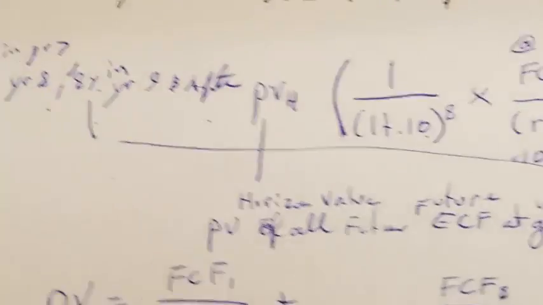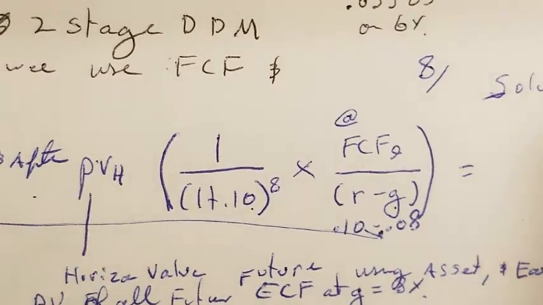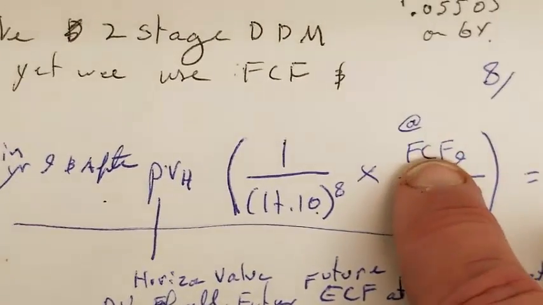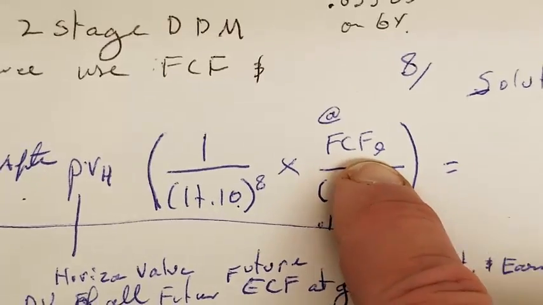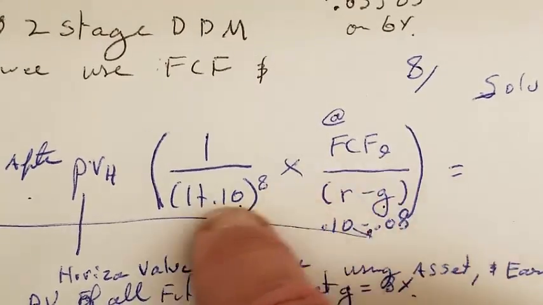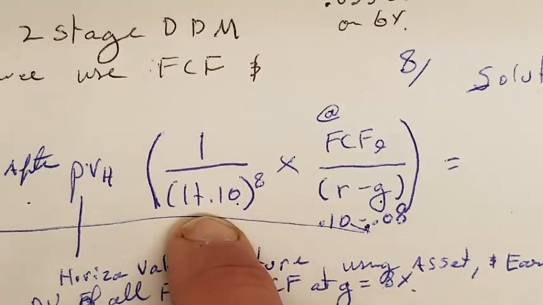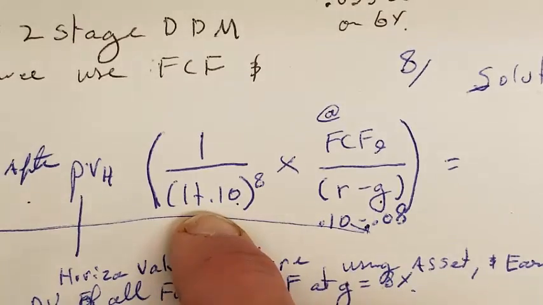The one thing I wanted to mention was that it is very important, just as you take the dividends in number 26, to choose the free cash flow where it starts to level out in year 9. But you discount it back to year 8.